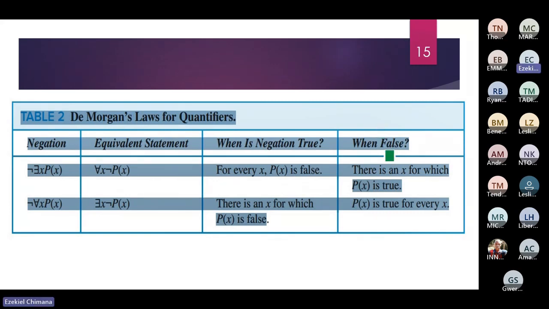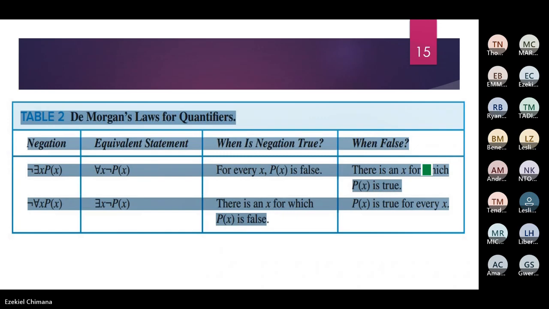It's okay. Let me proceed. We are now on De Morgan's law for quantifiers. So we are talking about the negation, the equivalent statement, when the negation is true and when the negation is false. I'm going to start with the first one: the negation of there exists x such that P of x.